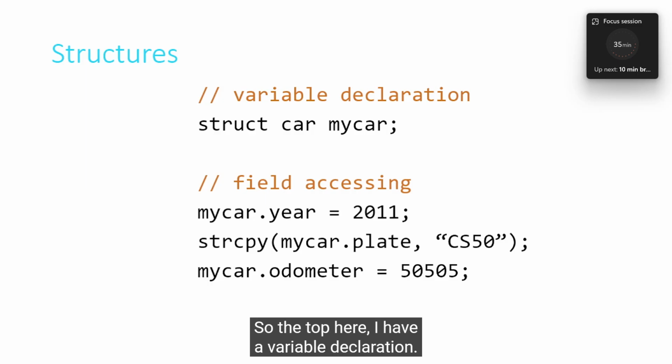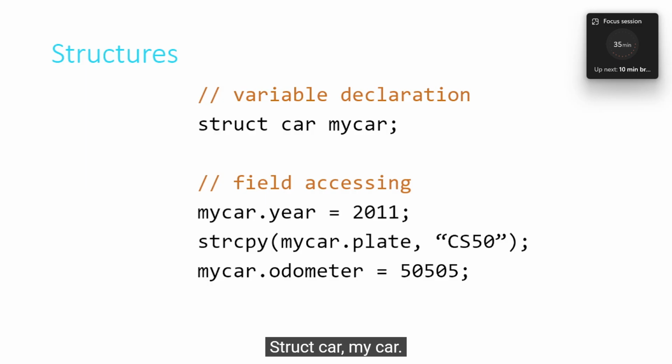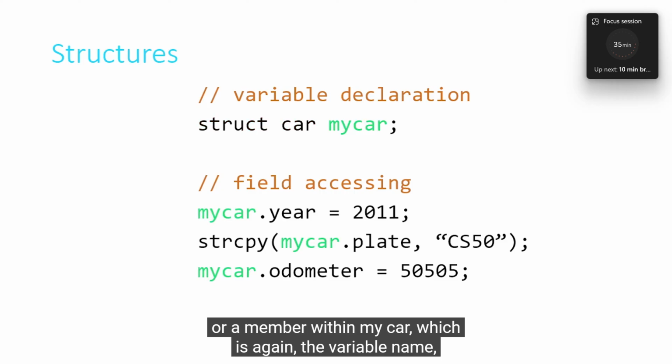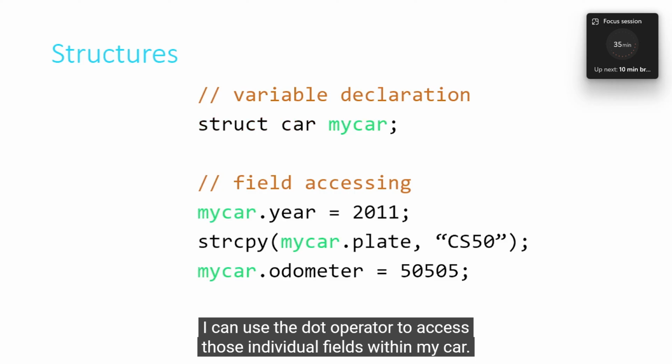So at the top here, I have a variable declaration, struct car mycar. Again, here the type is struct car, and the variable name is mycar. From this point forward, whenever I want to refer to a field or a member within mycar, which is again the variable name, I can use the dot operator to access those individual fields within mycar.